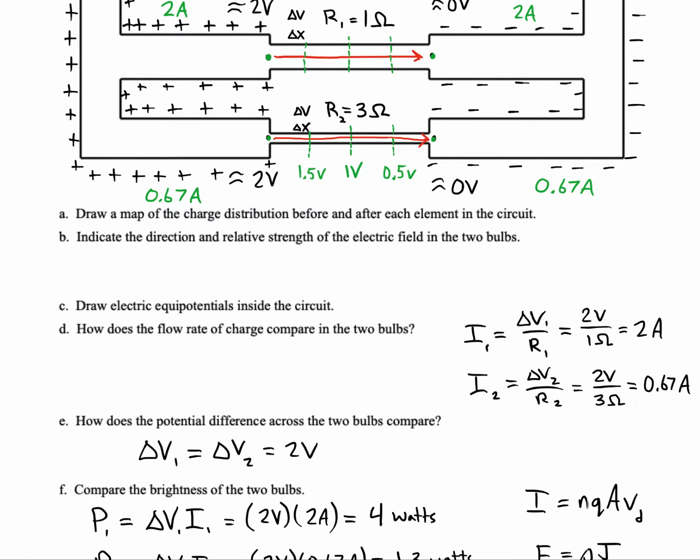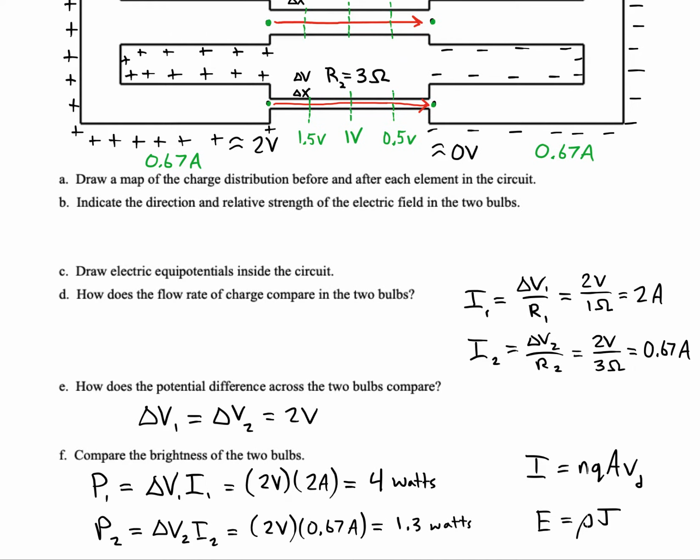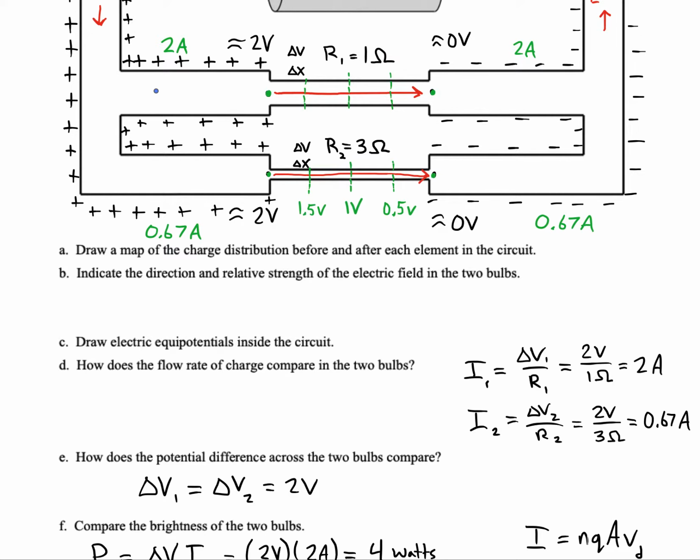So with that in mind, if we just take a look at these conductors, say point A versus point B, we know the currents are very different in them.